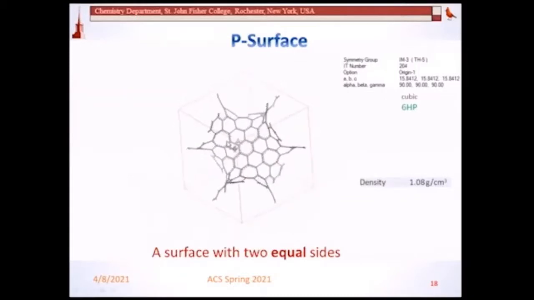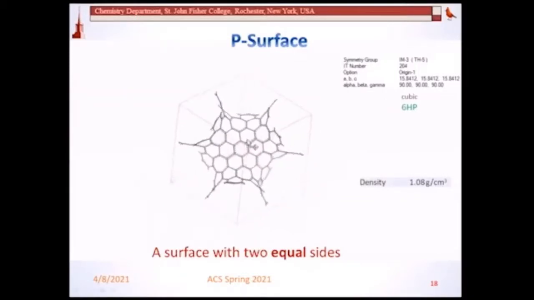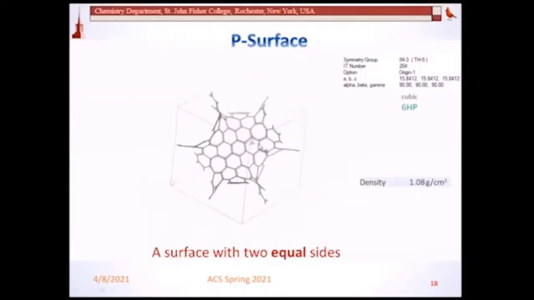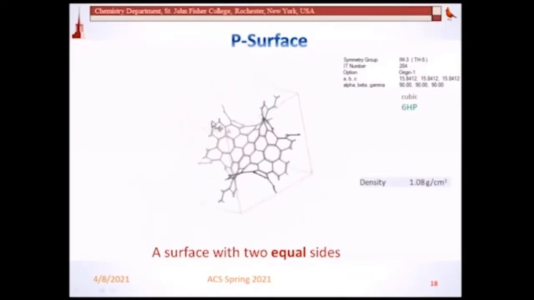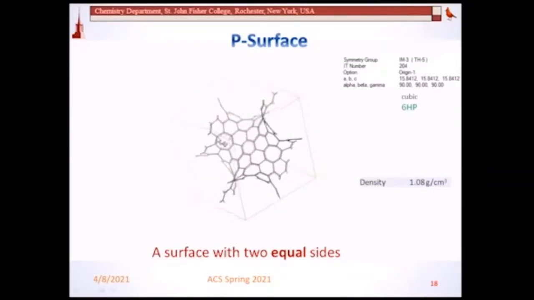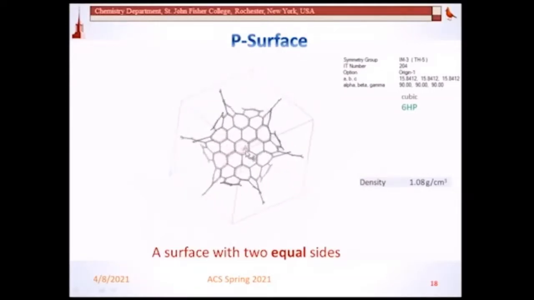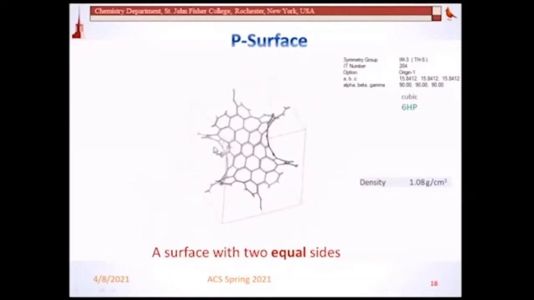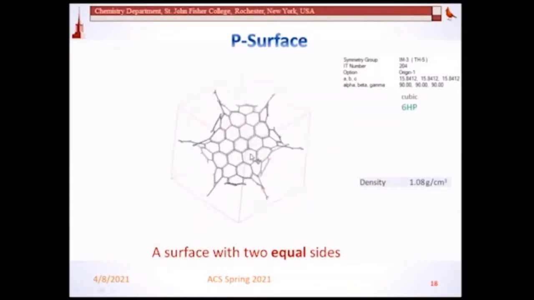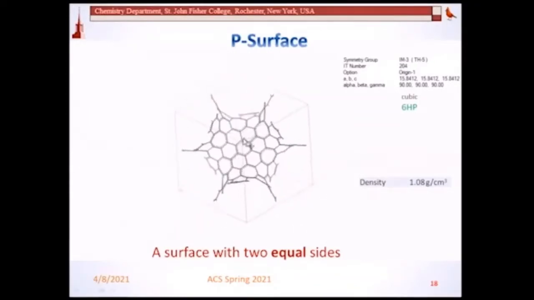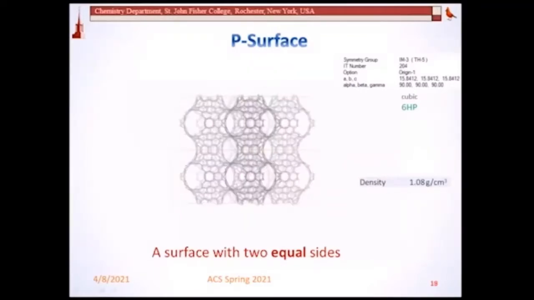But when we place the hexagon, you can see that it's much easier to do those highly symmetrical surfaces, because the hexagon has that symmetry that fits nicely, perfectly in the cubic symmetry with the C3 rotation axis. The density of this one is 108 grams per cubic centimeter. And when it's combined in the 3D structure, it's this one that is prepared.